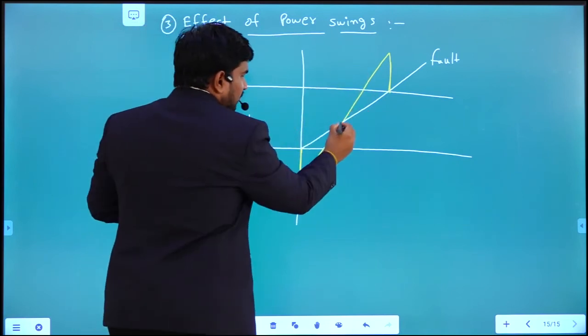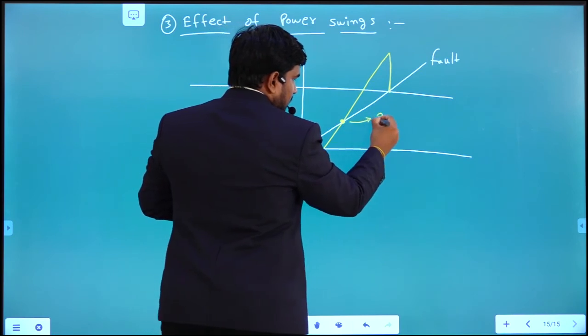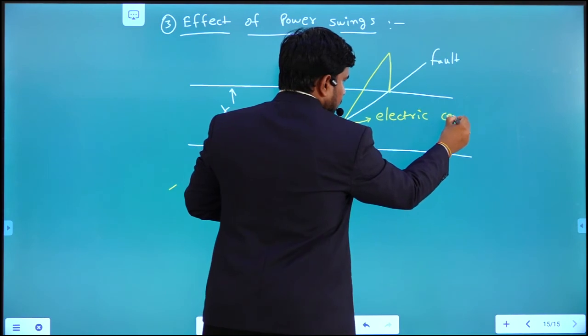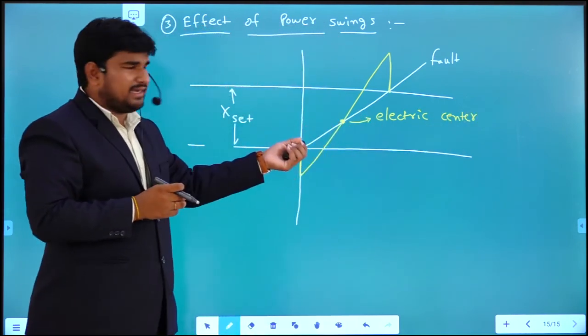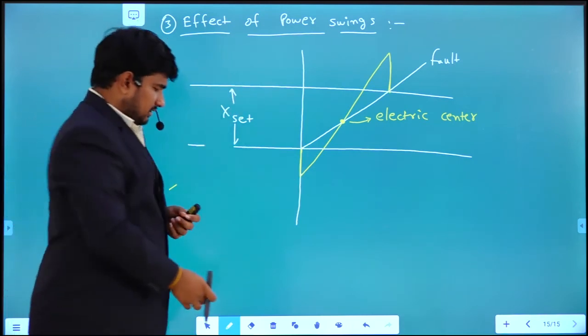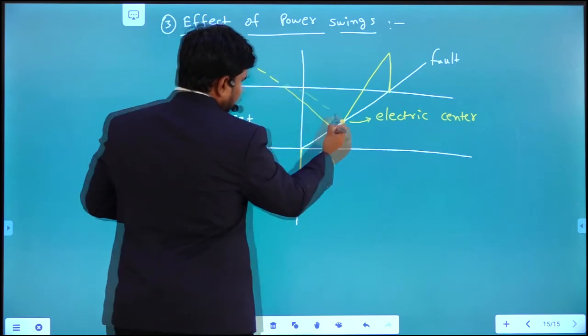Here also we have one electrical center. Along with this center point, the power swings will happen.